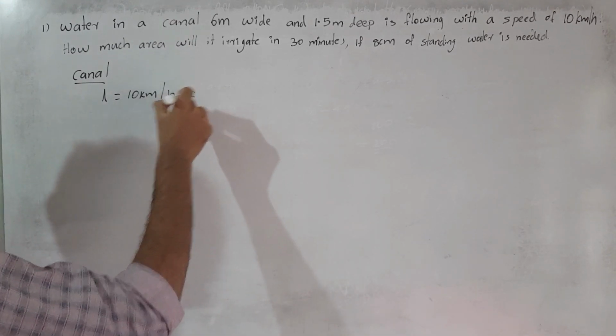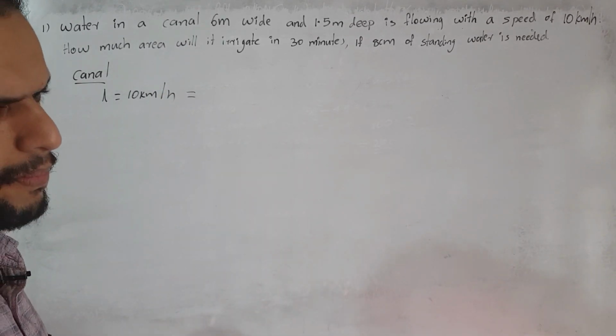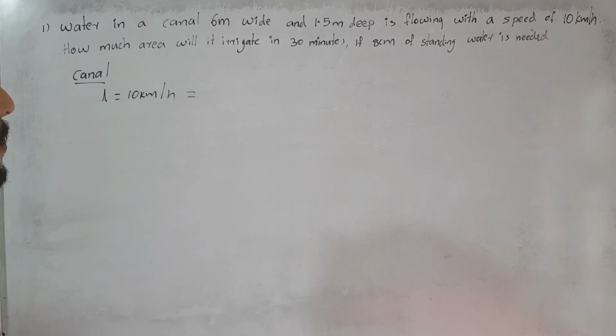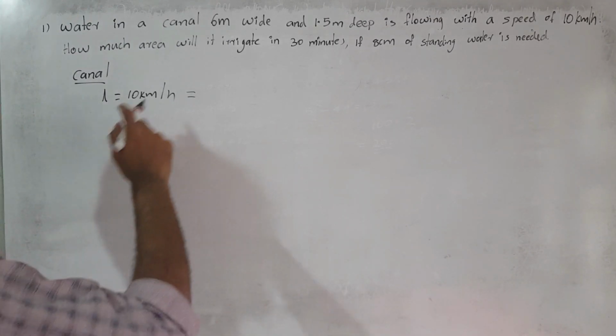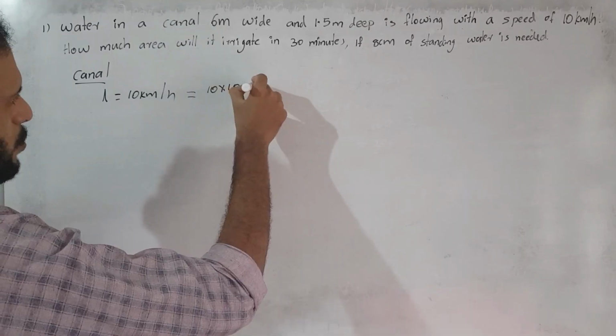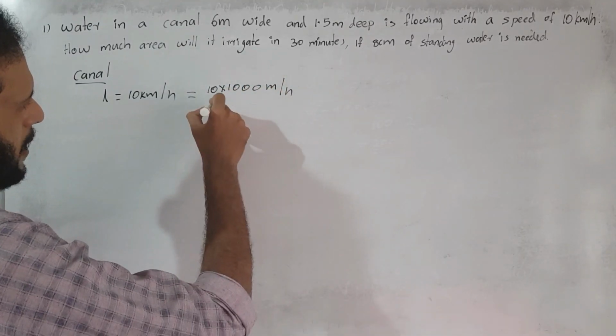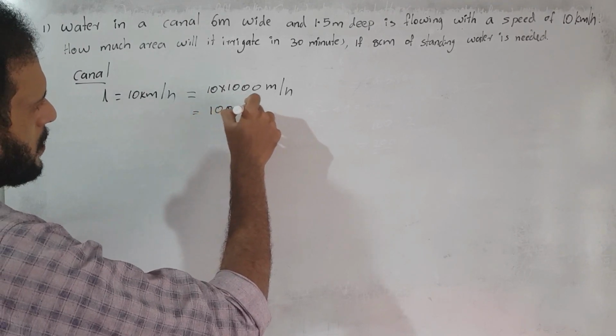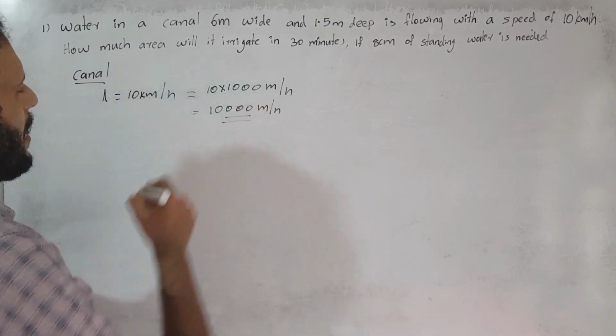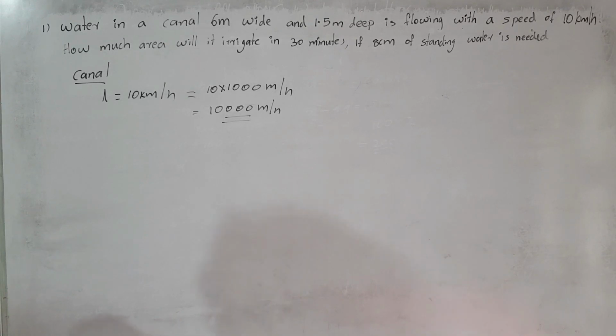We know how to convert kilometer into meter. Yes, 1 kilometer is equal to 1000 meter. So 10 into 1000 meter per hour. Okay, then 10,000 per hour. Then what is the length of the canal? The length of the canal is equal to 10,000 meter per hour.